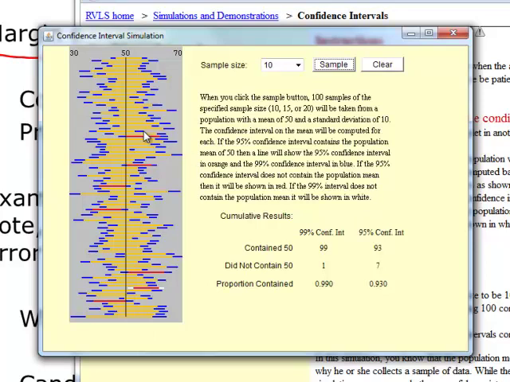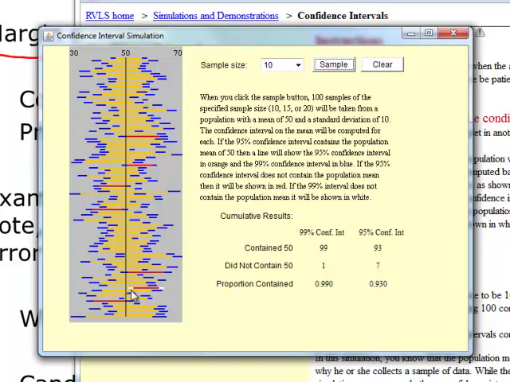Of the 100 intervals in this list, we have 99 of the 99% intervals that contained the 50, and 93 of the 95% intervals were right. So 99% correct and 93% correct. And we expect them to be close to 99% and 95%.